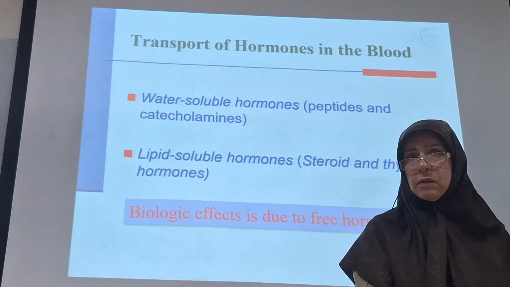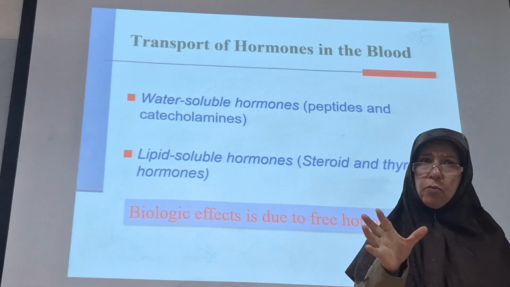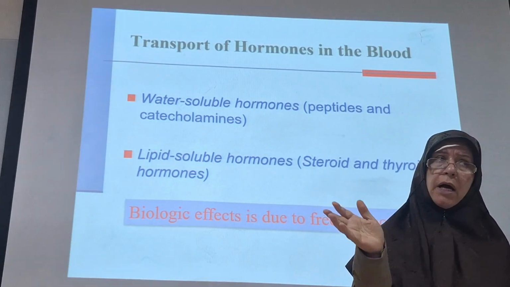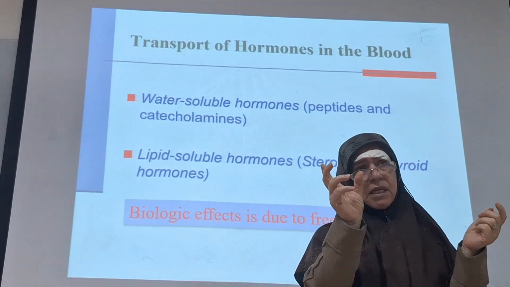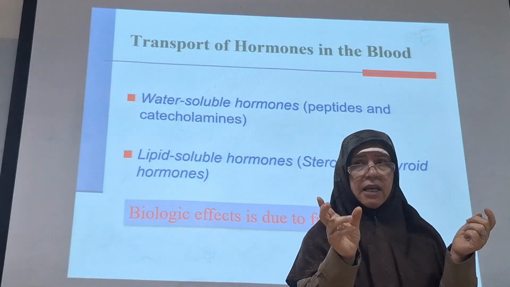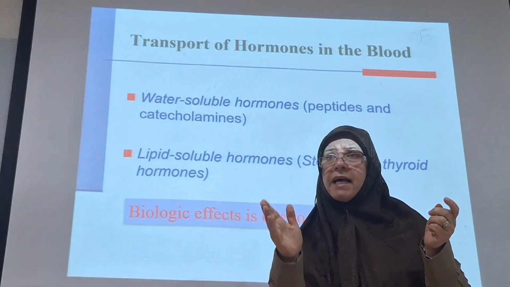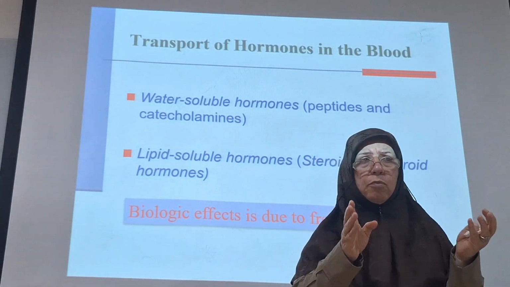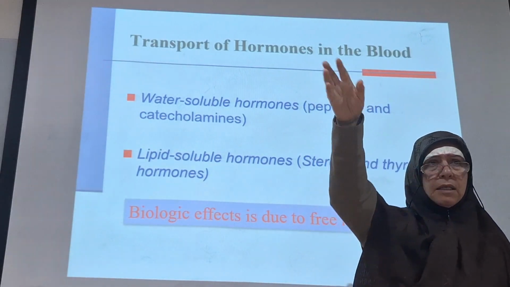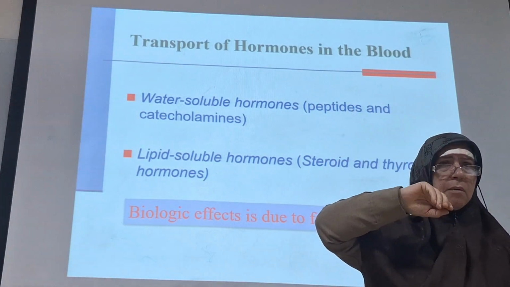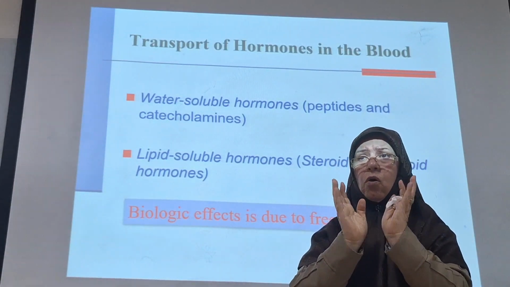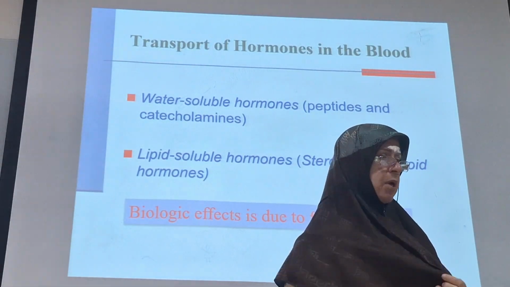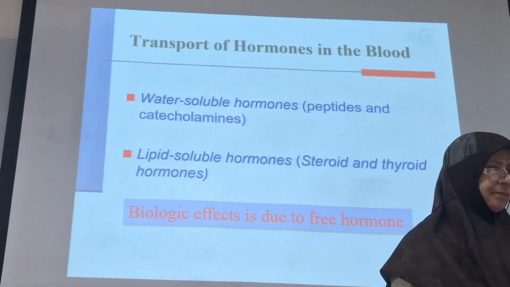Steroid hormone and thyroid hormone bind to transport protein, but some percent of them are free, and free hormone can go inside the cell, has effects, is metabolized, has negative feedback. Only free hormones have biologic effects.